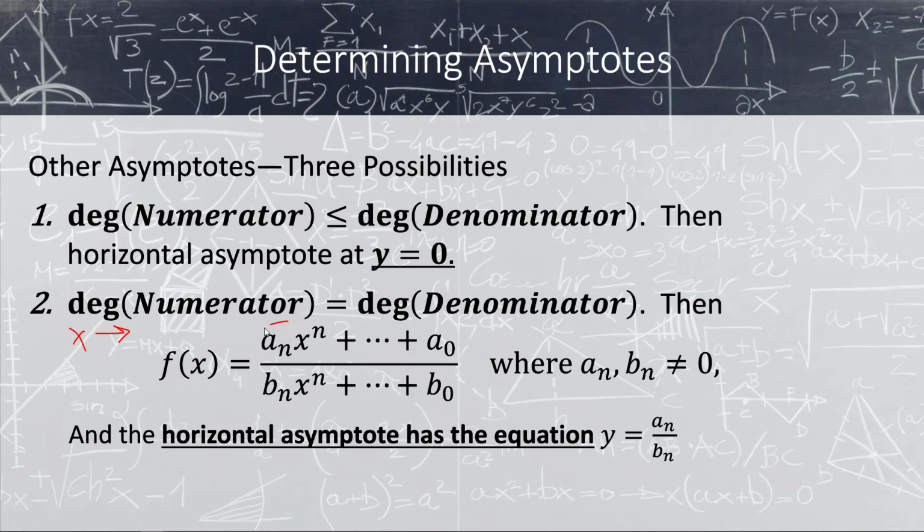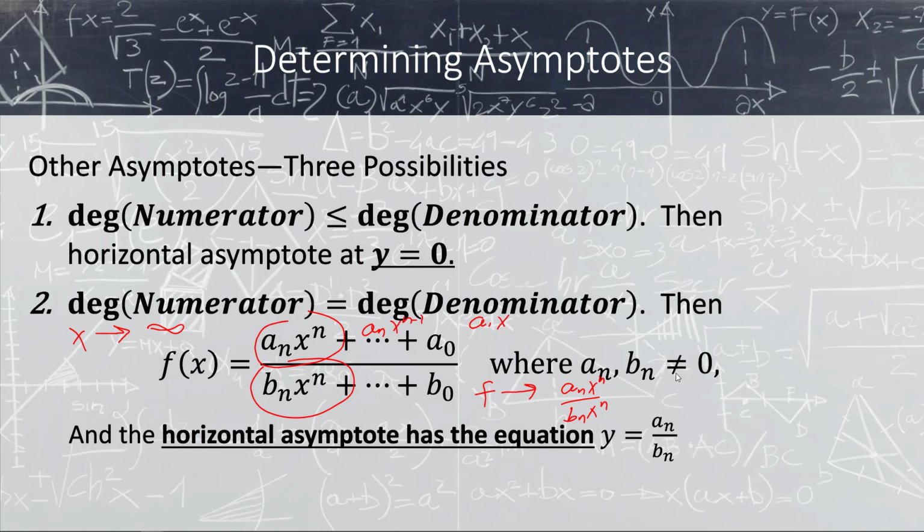Well, then this term is going to get very, very large, and this term is going to get very, very large, much larger than, say, a sub n minus 1 x to the n minus 1 term, and much larger than the linear term, or even the quadratic term. As a consequence, as x goes to infinity, f is going to approach a sub n x to the n over b sub n x to the n.